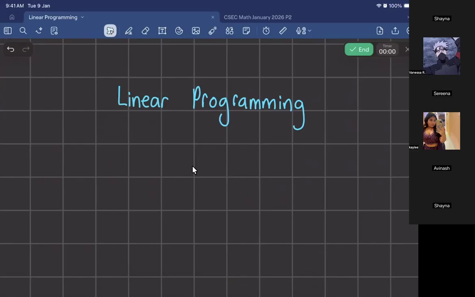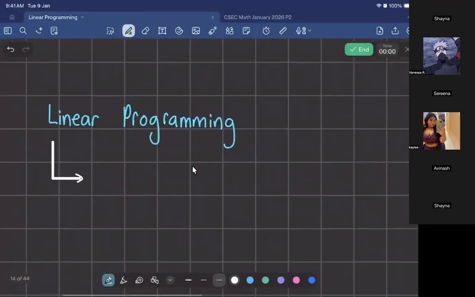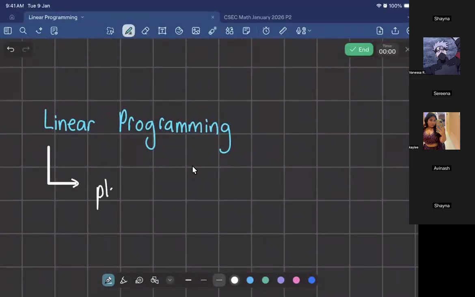And you look to see the region in common. Maybe you might have to look at the vertices to figure out the region where it's the maximum or the minimum or the least. Do you remember how it is go? Yep. All right, so we are going to be plotting inequalities.